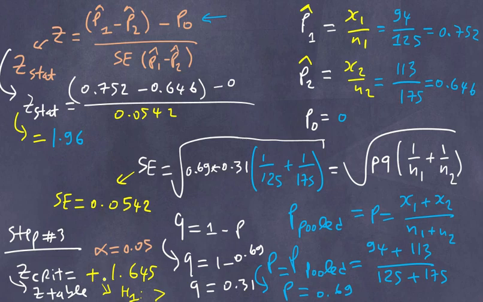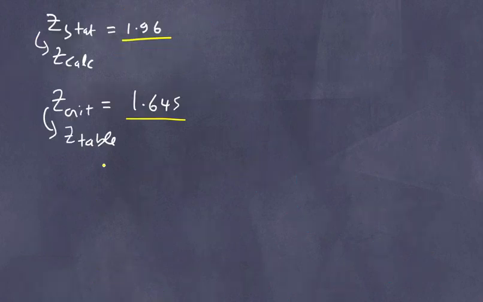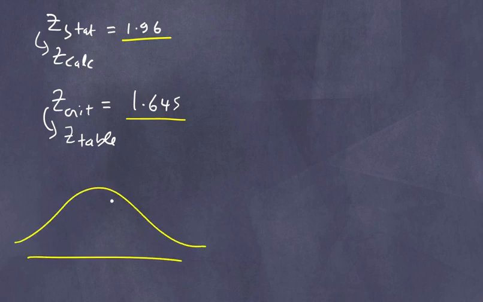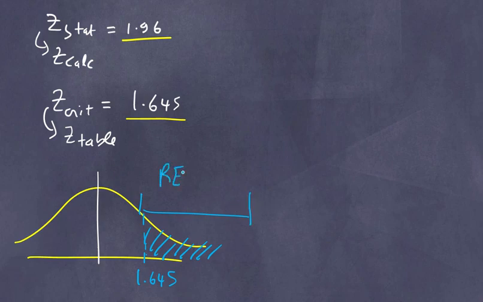So now we have Z-crit and we have Z-stat. How do we decide if we should reject H0 or not? So the critical value is 1.645, right? And any value of Z-stat that falls above 1.645, anything here, will lead to the rejection of H0.